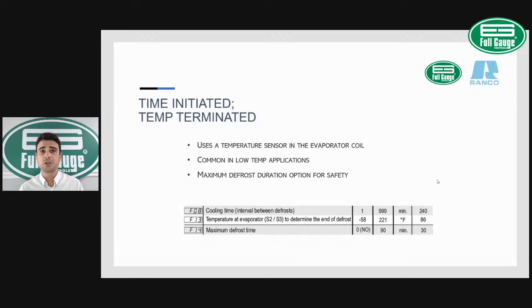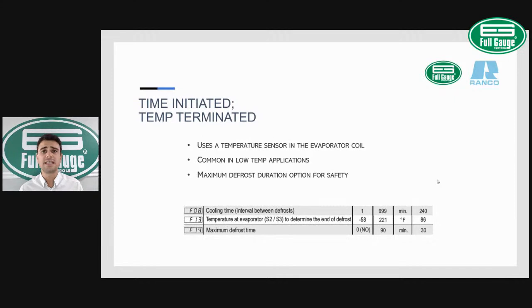In addition to that, you have a safety option, which is a maximum defrost time. This provides the option of terminating the defrost even if the temperature to terminate defrost is not reached. For instance, if the sensor is not well positioned, if it is placed in an incorrect position, if the sensor is miswired, or if you have any problem, you don't want your defrost cycle to continue forever. So you have a maximum defrost duration for safety reasons.